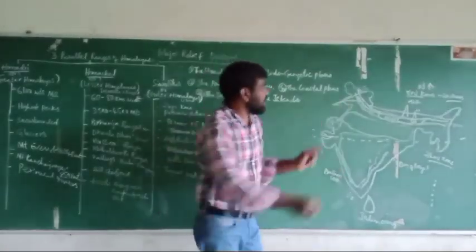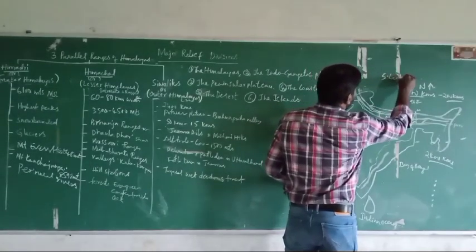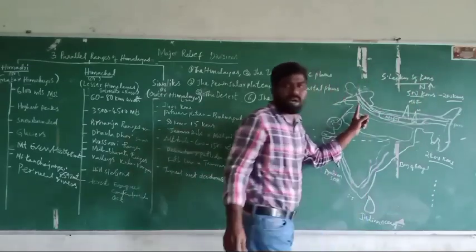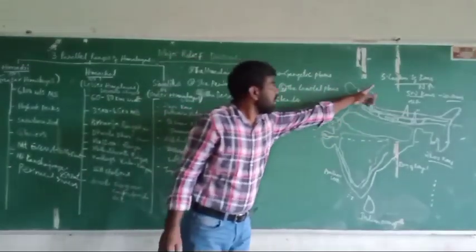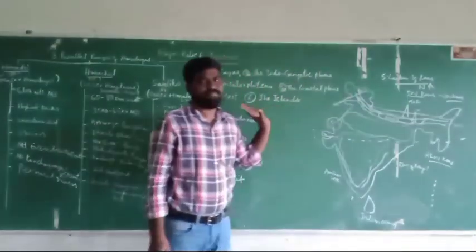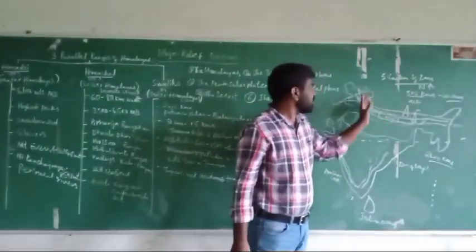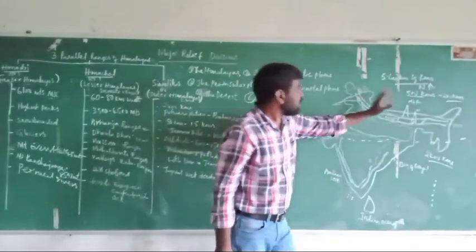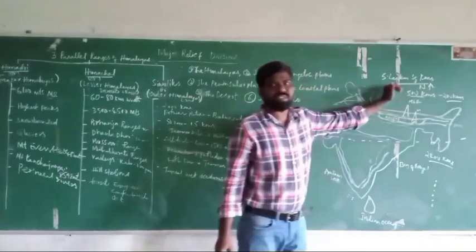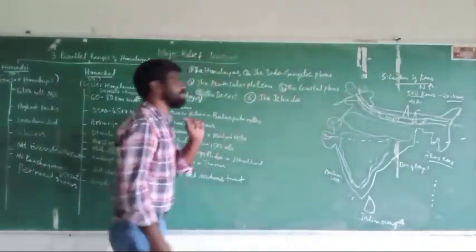The area of the Himalayas is approximately 5 lakh square kilometers. What is the width? 500 kilometers in the west and 200 kilometers in the east.